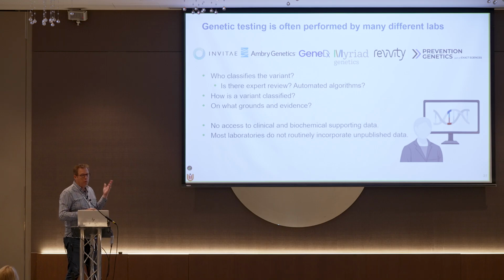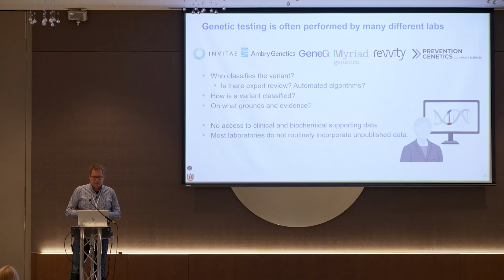Also, we don't know who classifies the variants in these companies. Is there an expert review or are they using automated algorithms? So how is the variant classified and on what kind of evidence? And as I said, these companies often don't have access to clinical and biochemical supporting data.